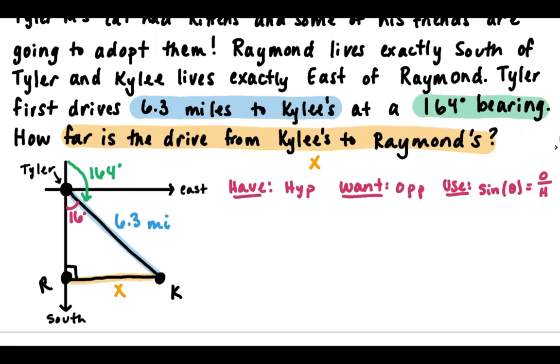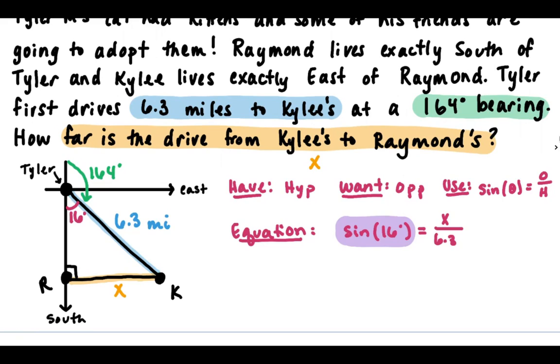Okay, so we've got our setup. Let's write our equation. So sine of our angle 16 is going to equal the opposite side, which is x, over the hypotenuse, which is 6.3. Okay, so now let's turn sine of 16 into a number using our calculators.